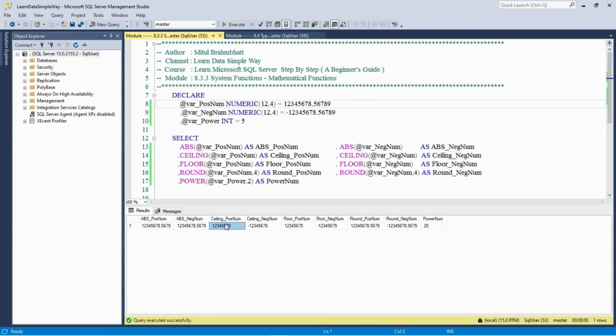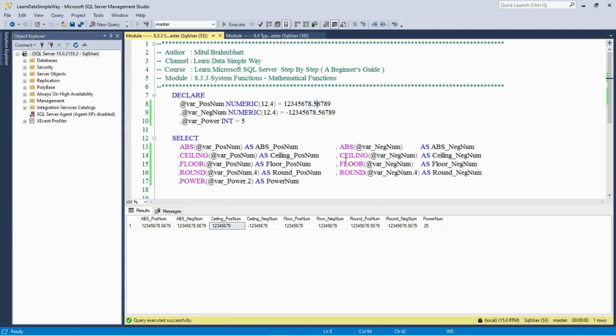That is what we are seeing in the case of the ceiling. In general, ceilings are always the upper side, and floors are the lower side. So the higher number is referred to by the ceiling, and the lower number by the floor. If you look at the ceiling here, it has considered 79 because of 78.5, converting it to 79.